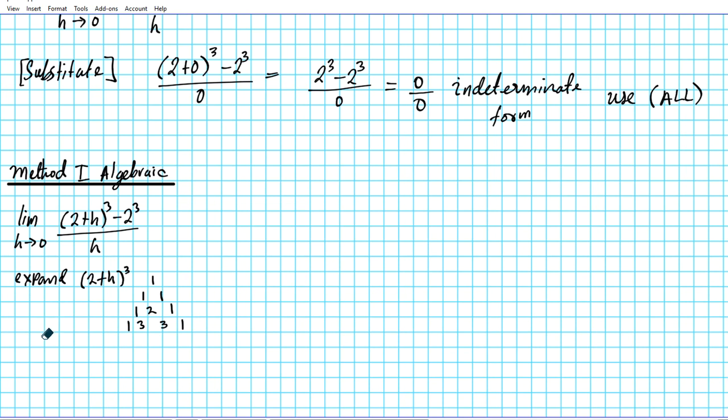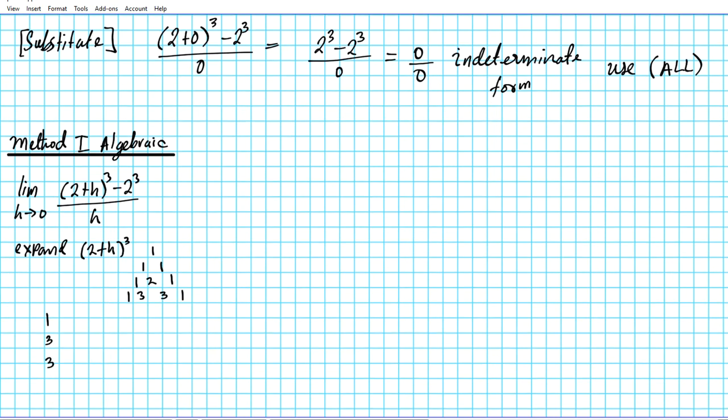So we're going to take this horizontal row right here, and align it vertically. 1, 3, 3, 1. And then we take the first term, 2, times 2, times 2, times 2. And then the next term is positive h, so times h, times h, times h.